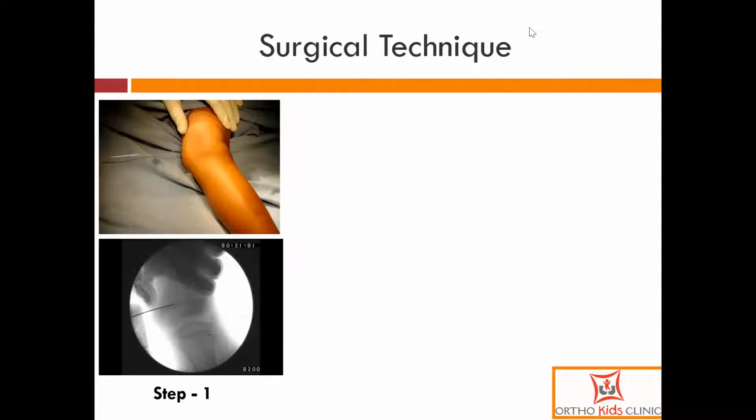And the surgical technique is very straightforward. The conventional technique described by Peter Stevens is you put a small, thin guide wire through the physis for a few millimeters percutaneously, and confirm its placement on image intensifier, both on AP and lateral view, and then make a 1 inch incision spanning above and below the guide wire.